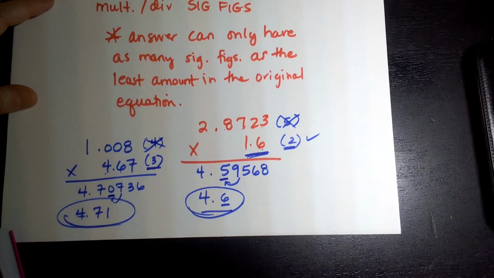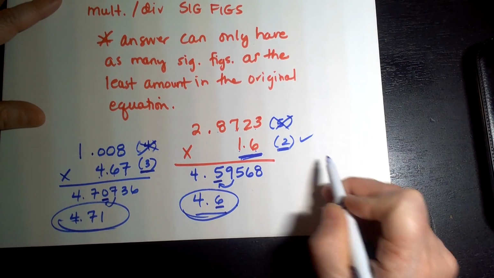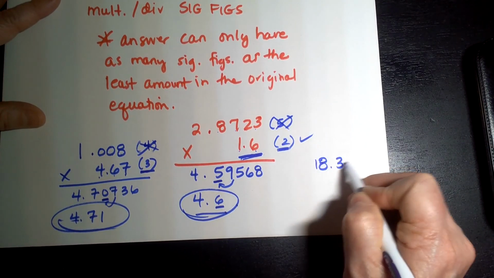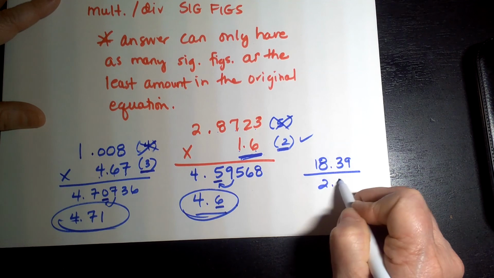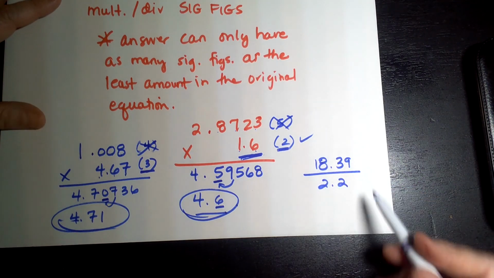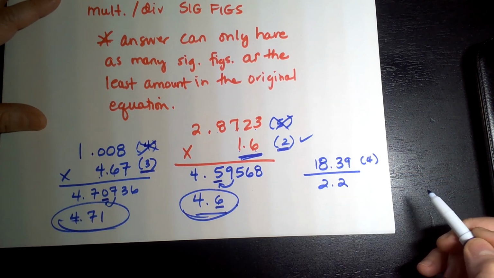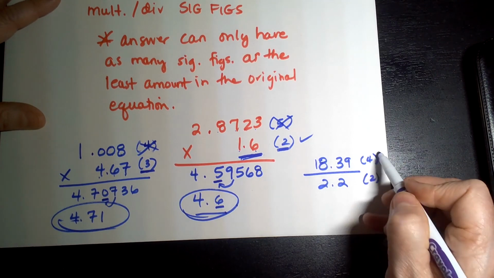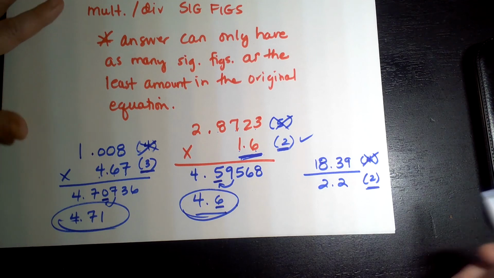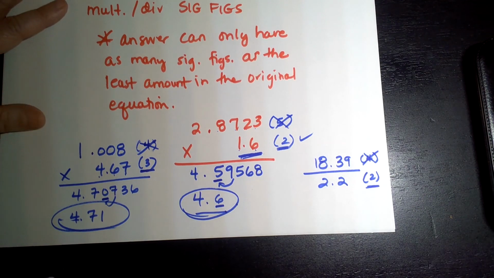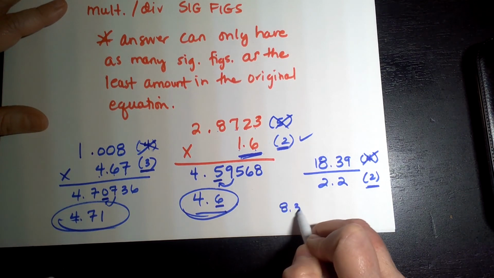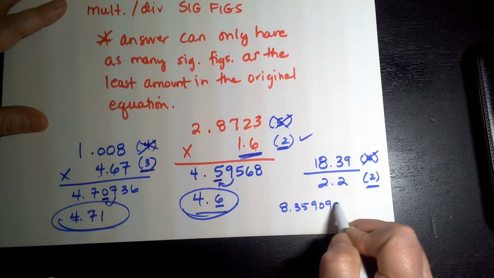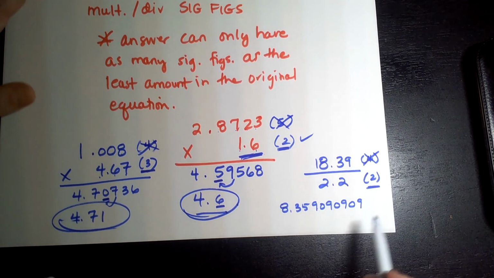Okay, same would be true if we were dividing. So if I had 18.39 divided by 2.2, okay, this top number has 4 significant digits. Second number has 2 significant digits. Therefore, my answer can only have 2 significant digits. Calculator, 18.39 divided by 2.2 is going to be 8.359090909.